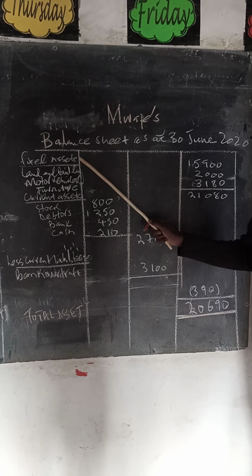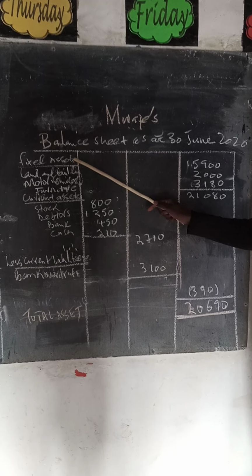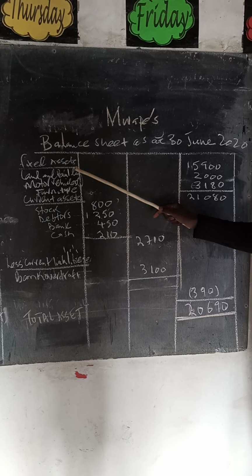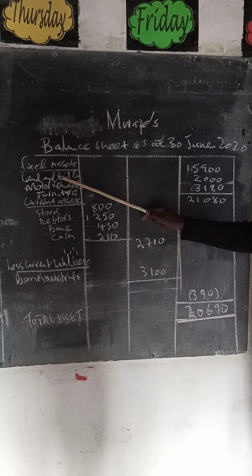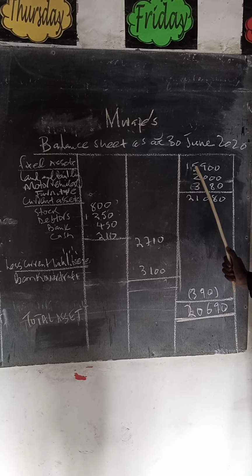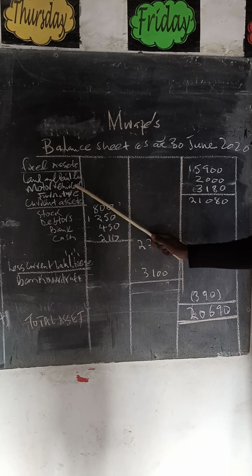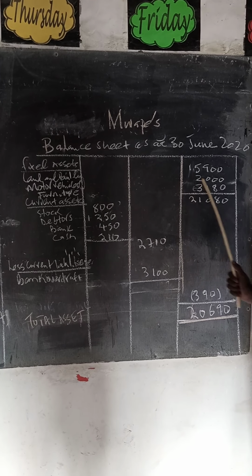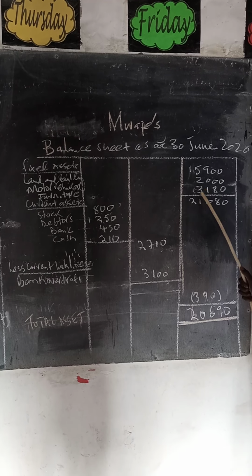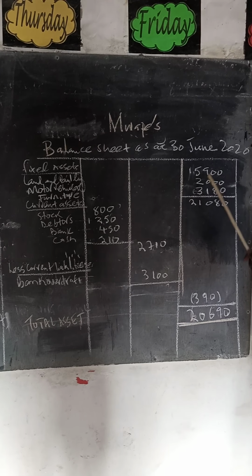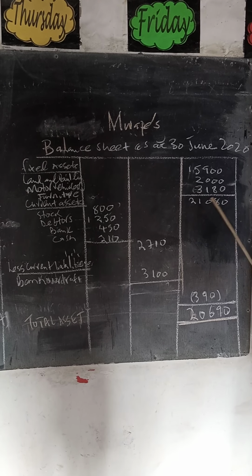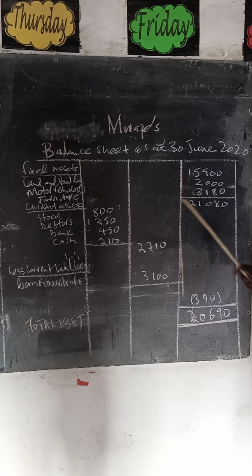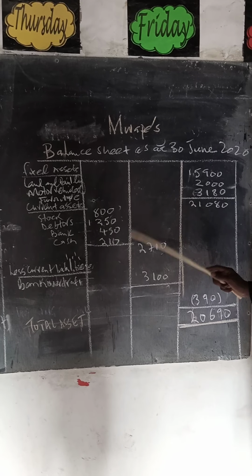So after that, the first heading we have is the fixed asset. From the exercise I gave, we had the land and building amounting to 15,900, motor vehicles 2,000, then furniture 3,180. So the total asset gave us 21,080 kwacha. These are the only four assets we had.